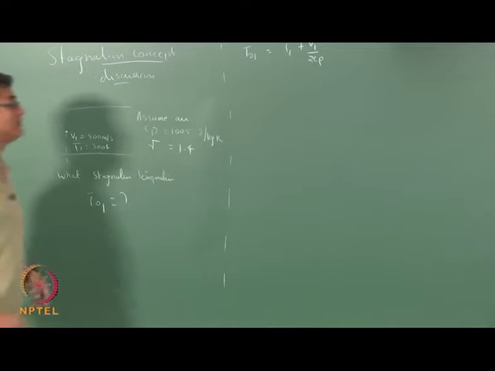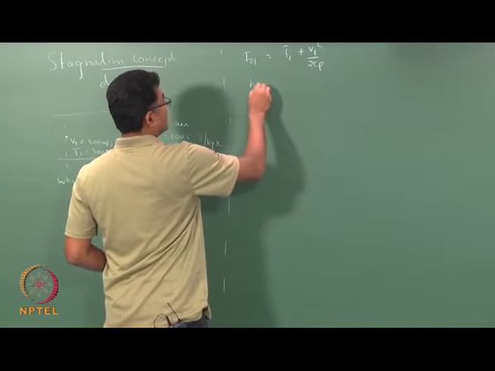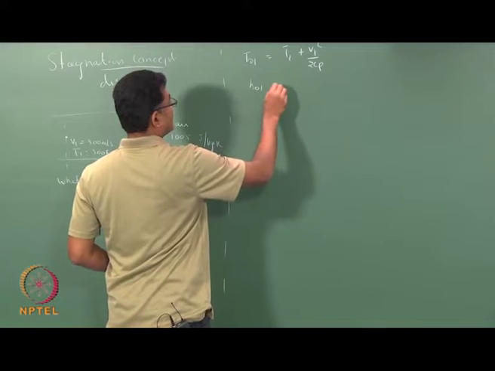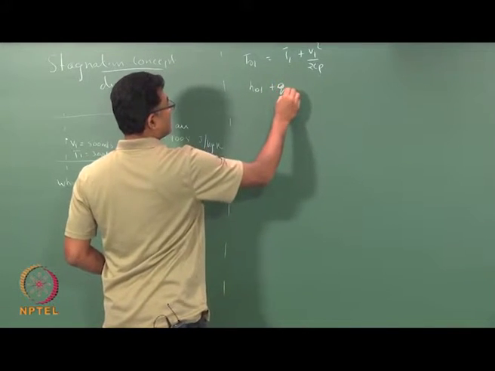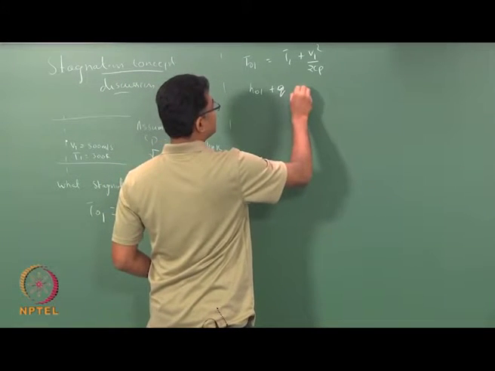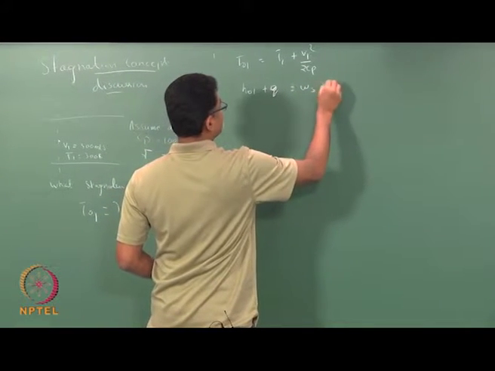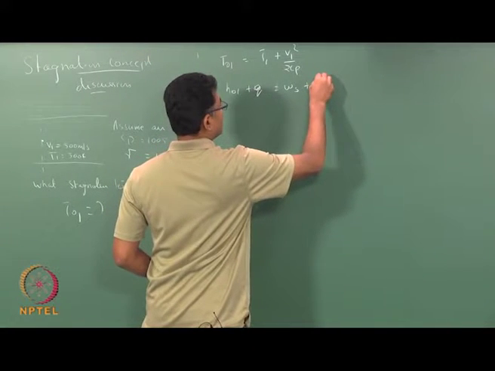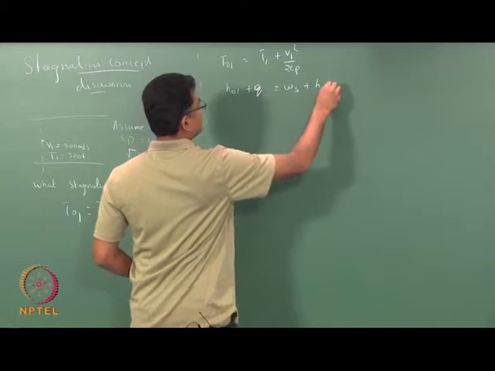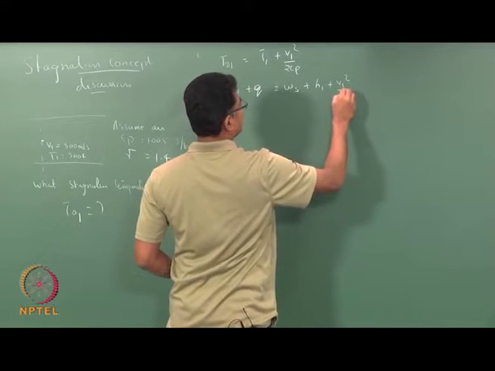This we obtained from the enthalpy equation, the energy equation. Qs equals Ws plus H1 plus V1 square by 2.